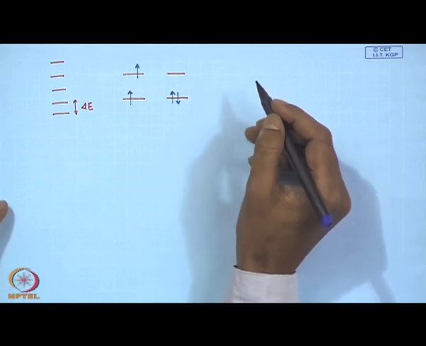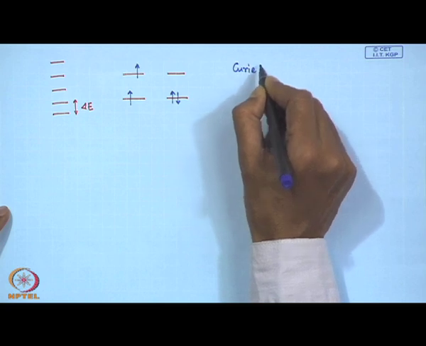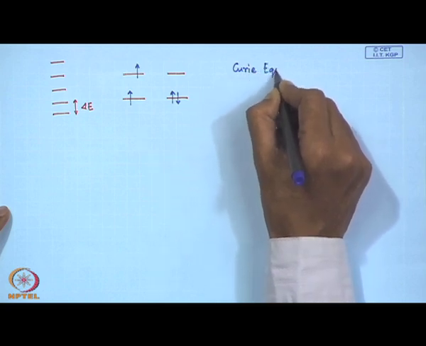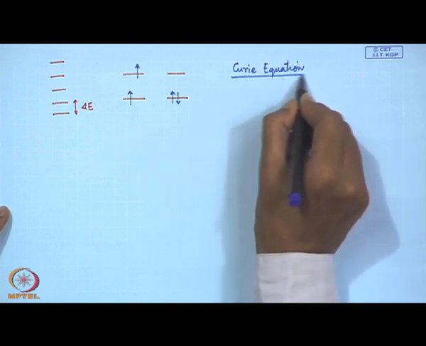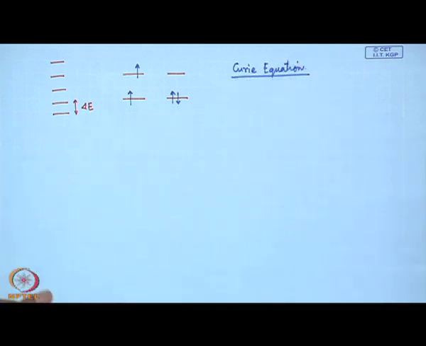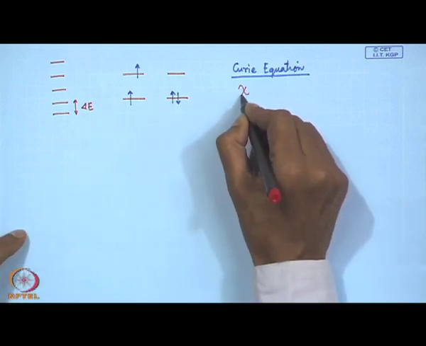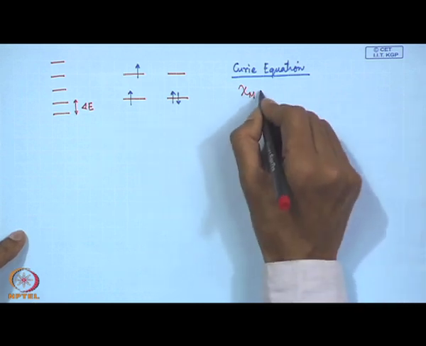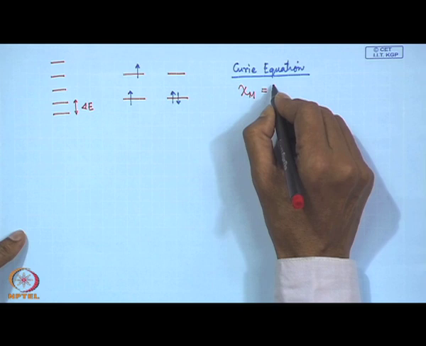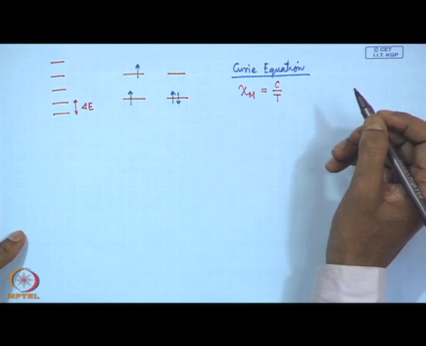So, from the very basic Curie equation, what we have seen, the Curie equation gives us the corresponding dependence of the susceptibility term, the molar susceptibility chi m, which is proportional to 1 by T or is equal to C by T, where C is the Curie constant.